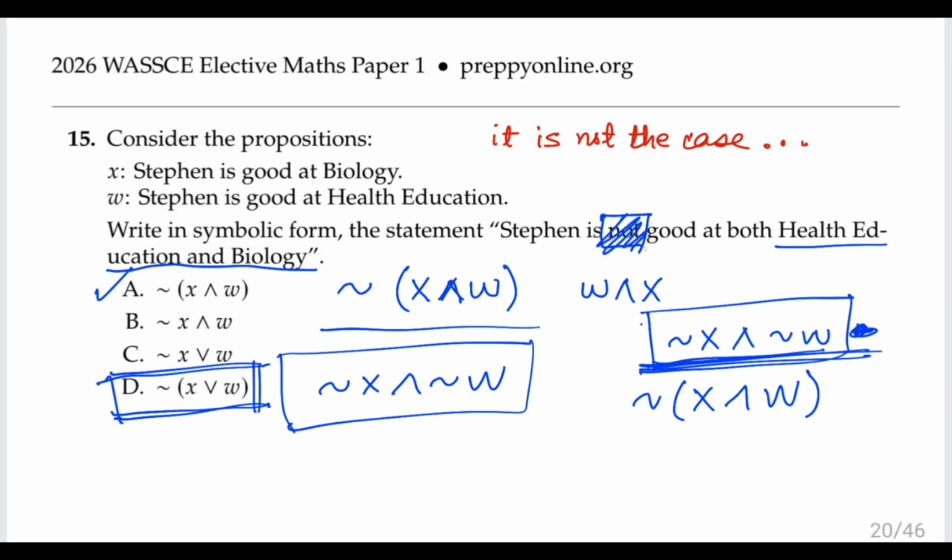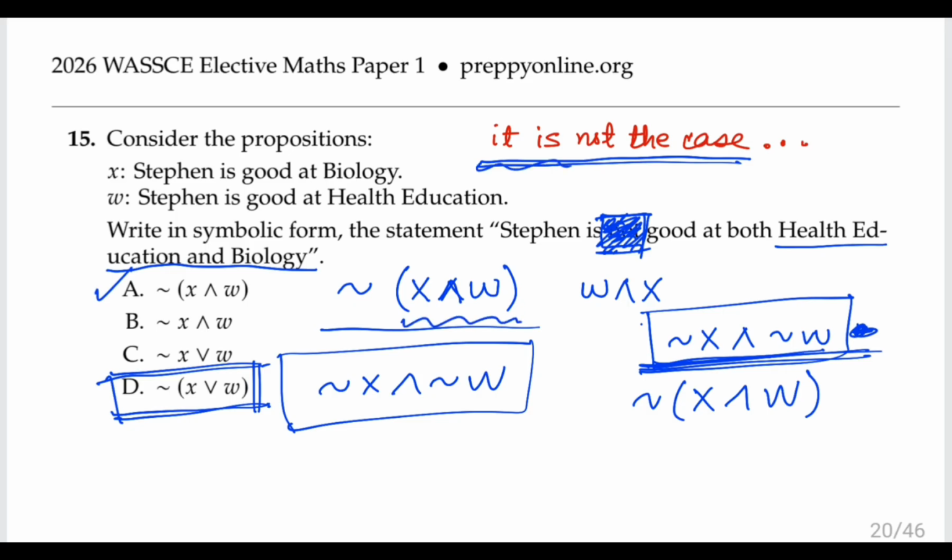So the statement is Stephen is good at both health education and biology. If you want the negation of this statement, instead of using this not here like they did, it's better to say something like that. It's better to say it is not the case that Stephen is good at both health education and biology. Then you remove the ambiguity, because the positive statement or the statement without the not is this one.